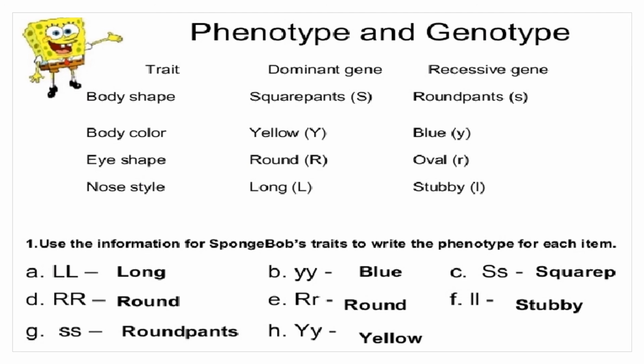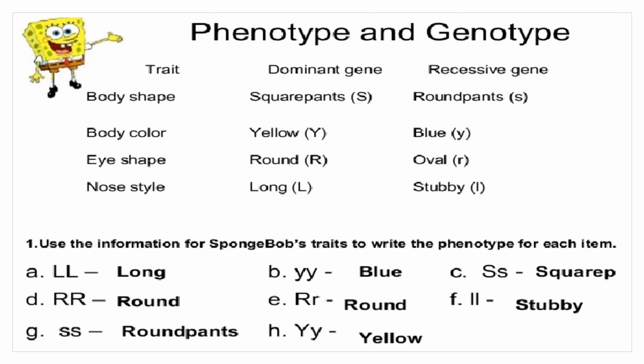Why is the answer not oval, given the small letter r here? Because the dominant gene or the dominant trait is present here, which is the big letter R. The same goes with the hybrid trait here, the capital letter Y and the small letter y.